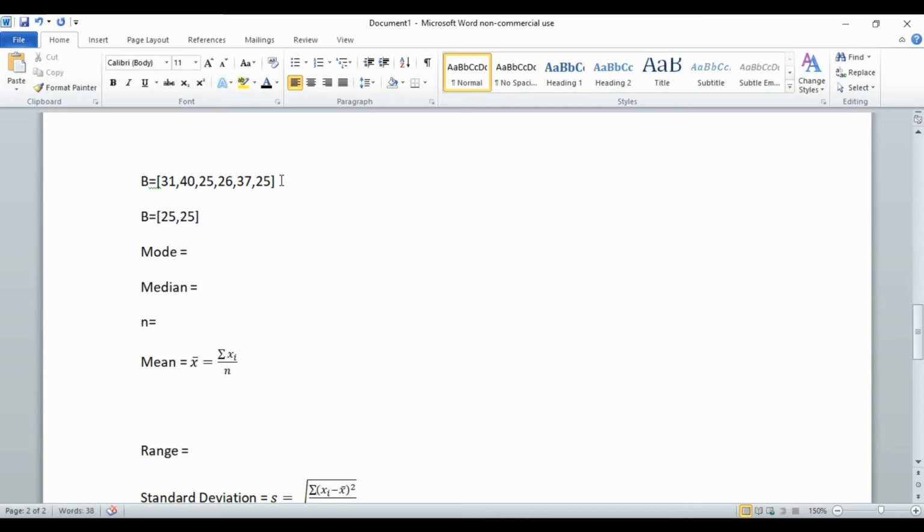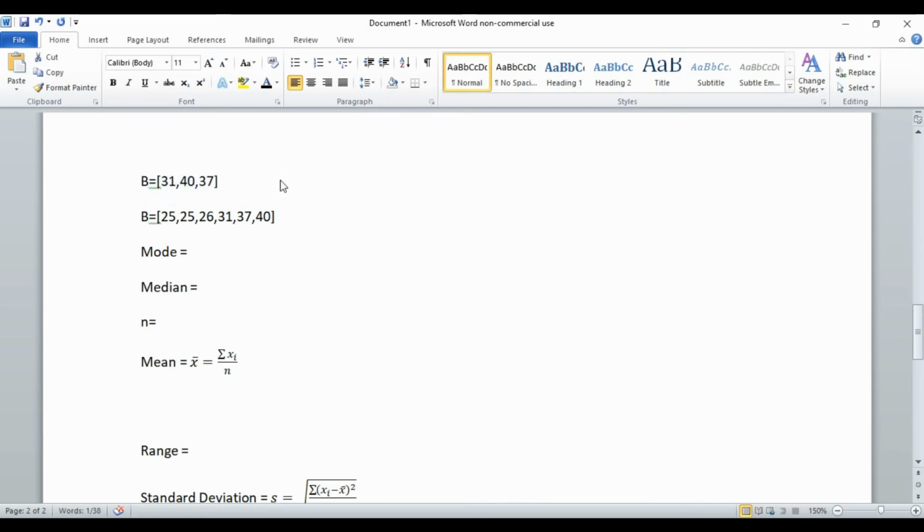In this case, there's two smaller values, which is the 25. So I'm going to get rid of those here. I look for the next smallest value, which is 26. Next smallest value, which is 31. And then from here, I can see pretty easily it's going to go 31, 37, and then 40.